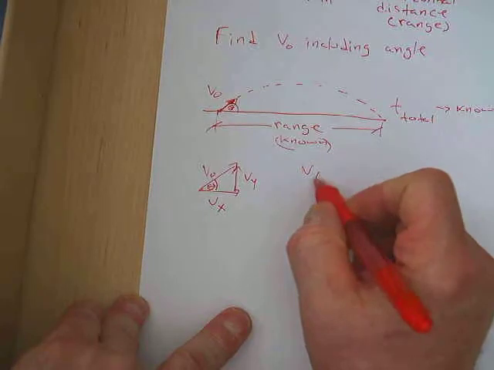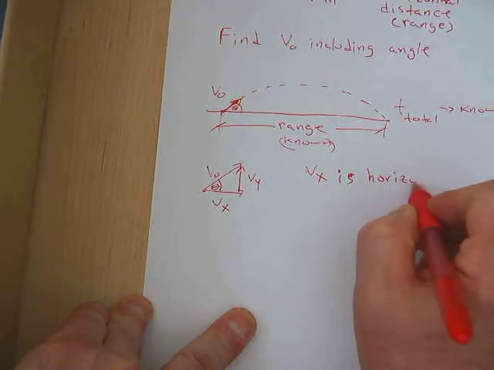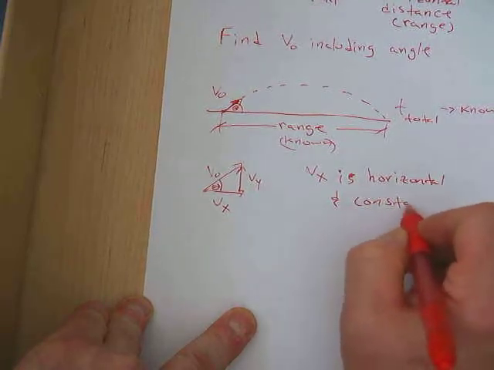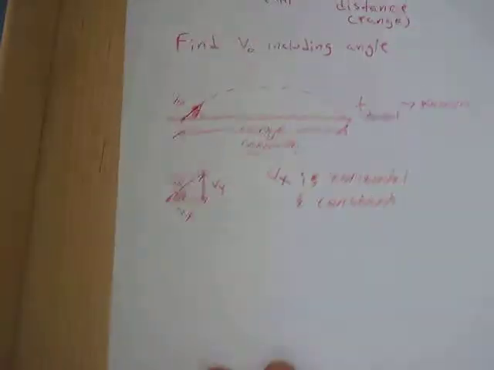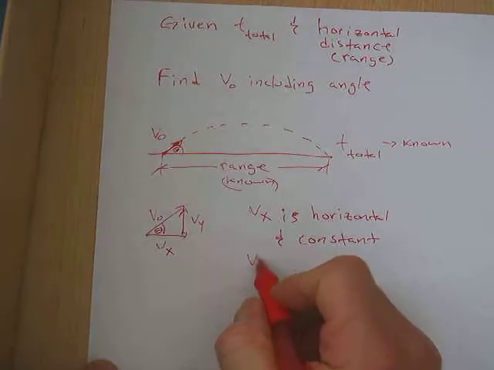Okay? So the v sub x, as I've already mentioned, is horizontal and constant. And that's a big thing in all these projectile problems, all of these 2D motion problems. We are going to assume no air resistance. We are going to assume that whatever horizontal velocity we start with carries throughout the whole problem.